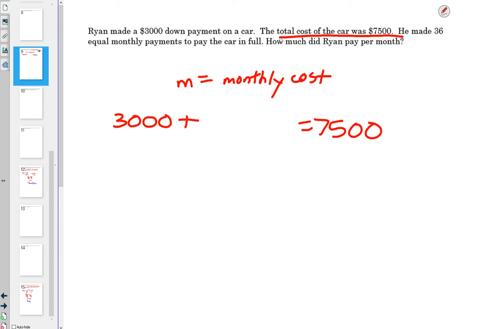So it's 3,000 plus however much you pay per month times the number of months, and the number of months is 36. So 3,000 plus 36M.